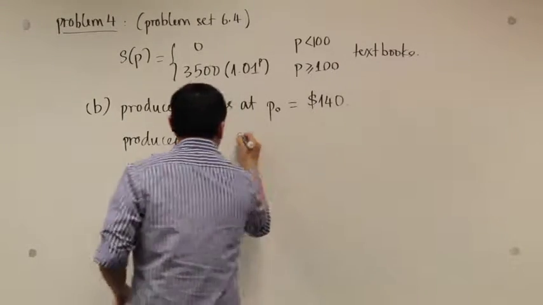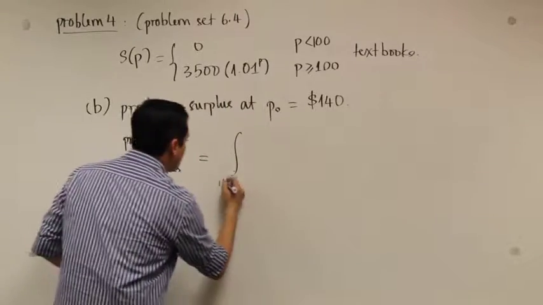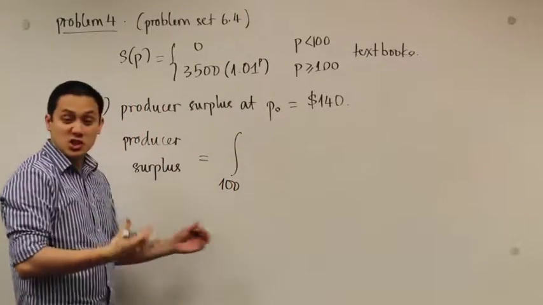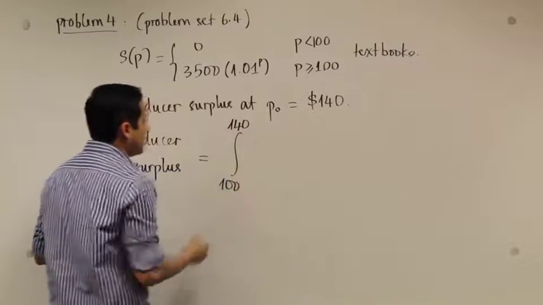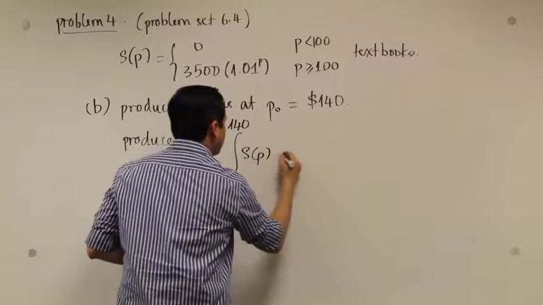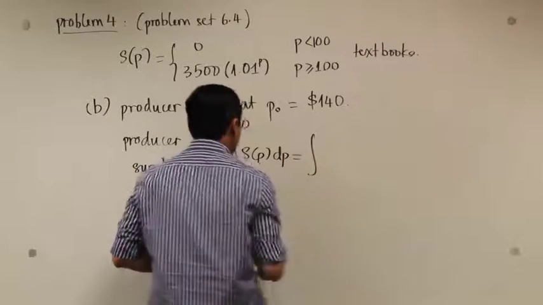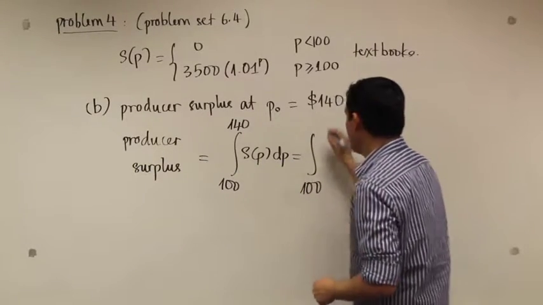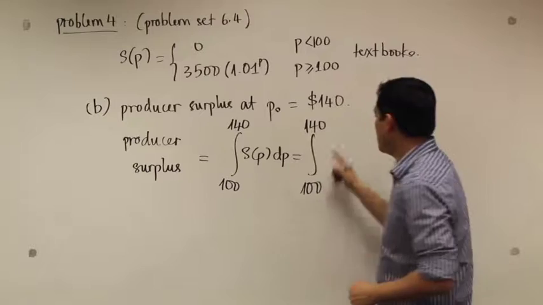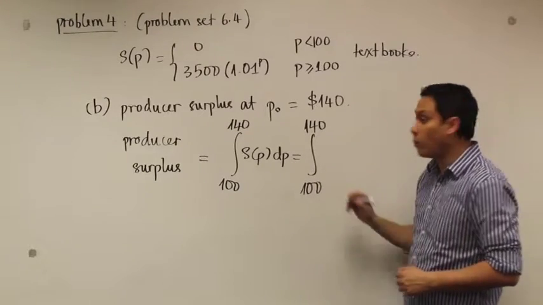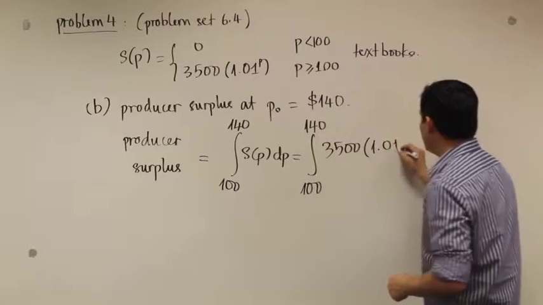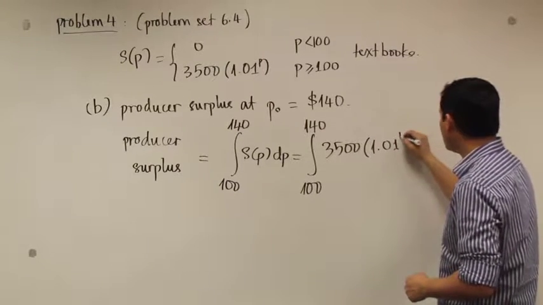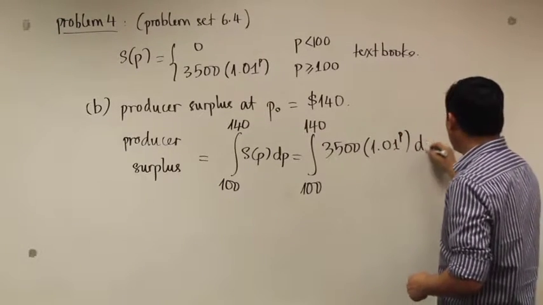That is, the integral from 100 to 140 of 3,500 times 1.01 to the p dp.